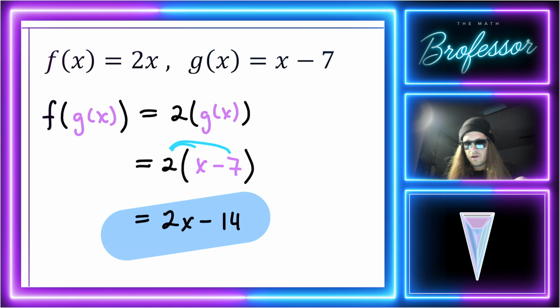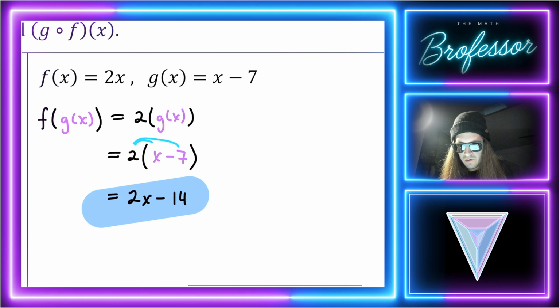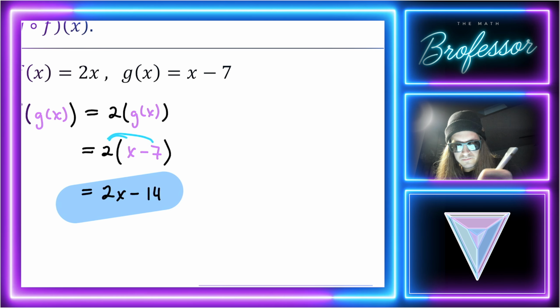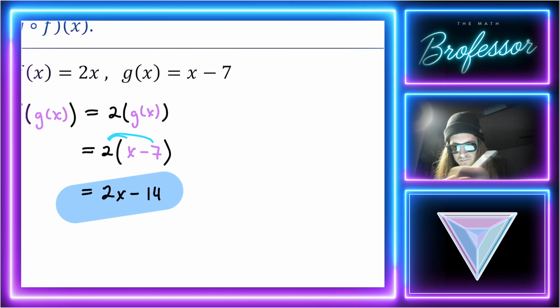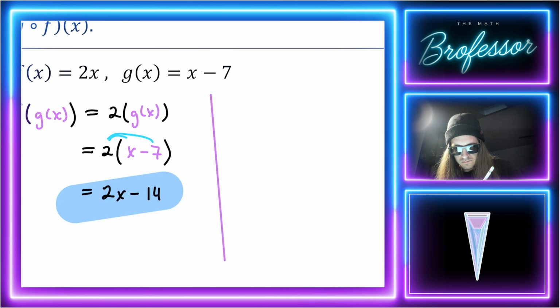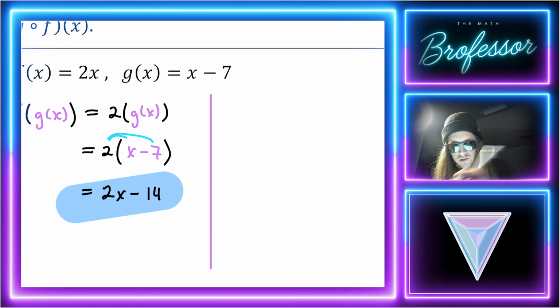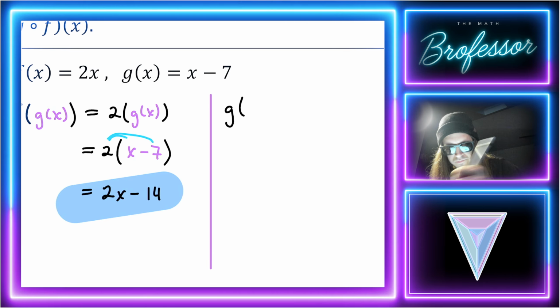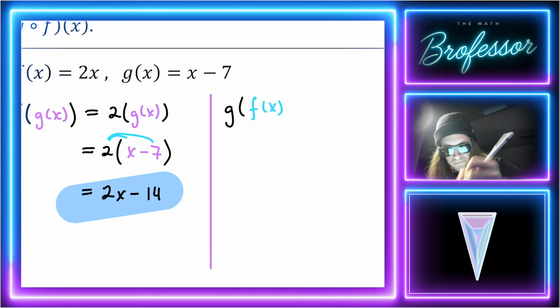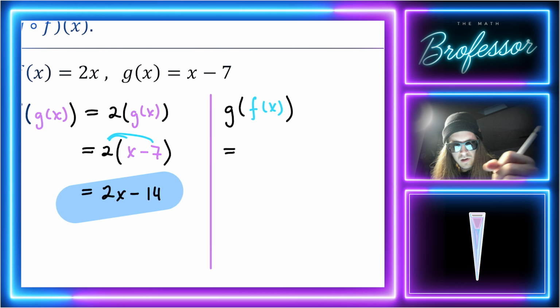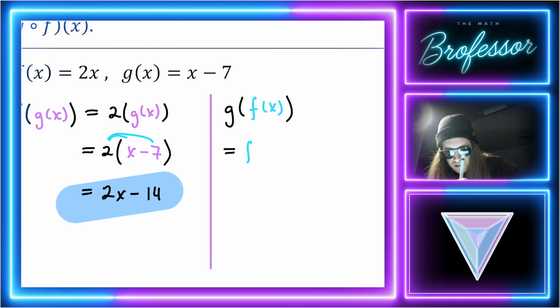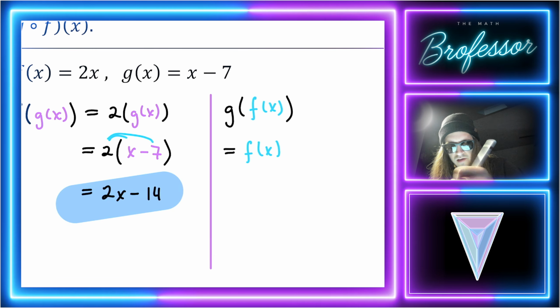Now let's do it the other way around. We want to do g of f of x, which is going to equal f of x minus 7.